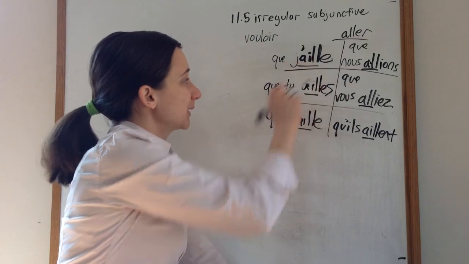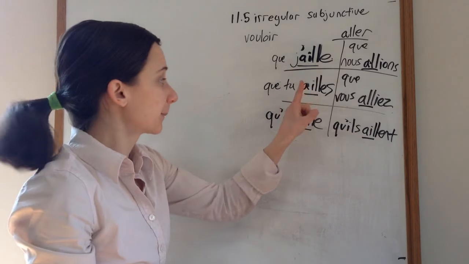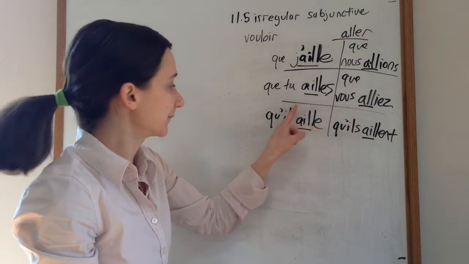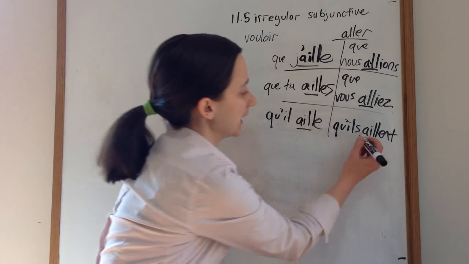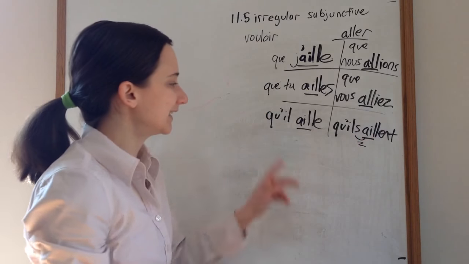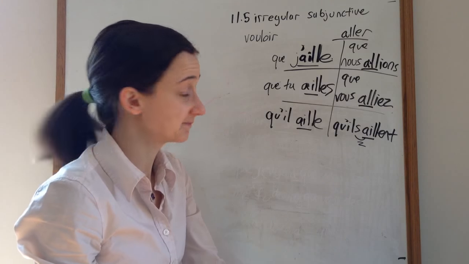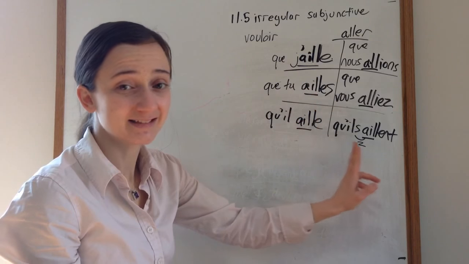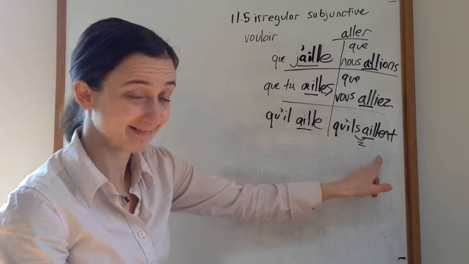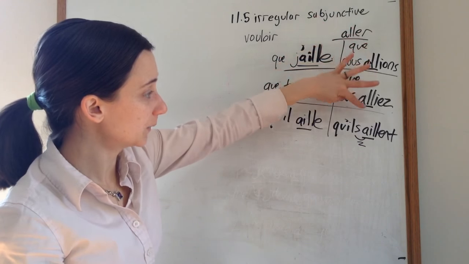And then here we have que j'aille, que tu ailles, qu'il aille, qu'ils aillent. Now we have a liaison here. Qu'il aille, qu'ils aillent. Aille, aille, aille, qu'ils aillent. Allions, alliez.